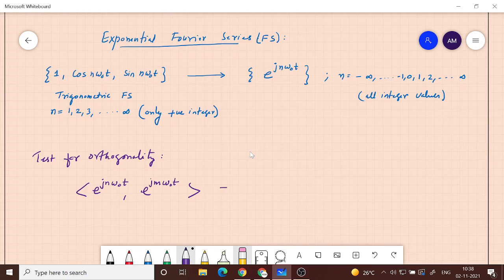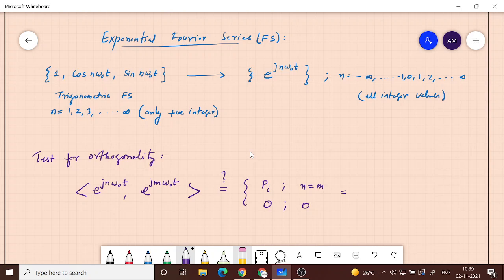We have to check whether this gives us the power P n if n is equal to m, otherwise it should give us 0.